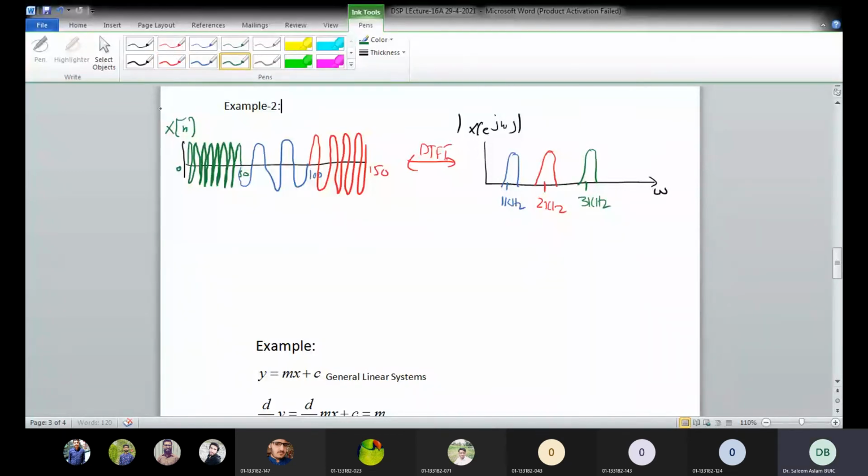Right, so this is x of n. We consider another, we are passing it through a system h of n.